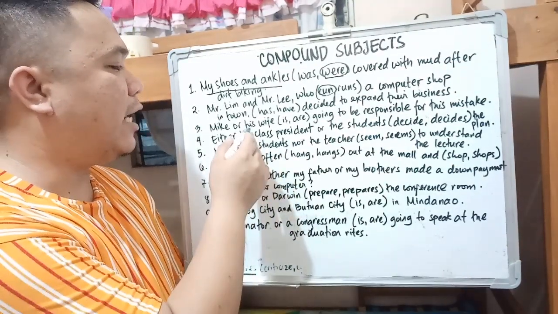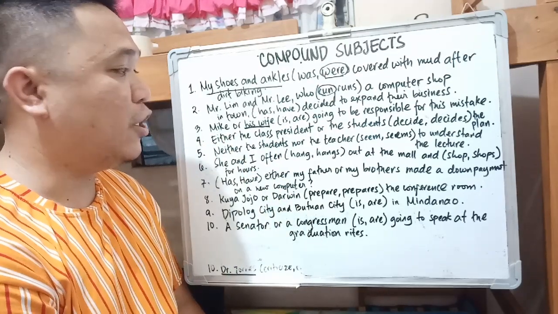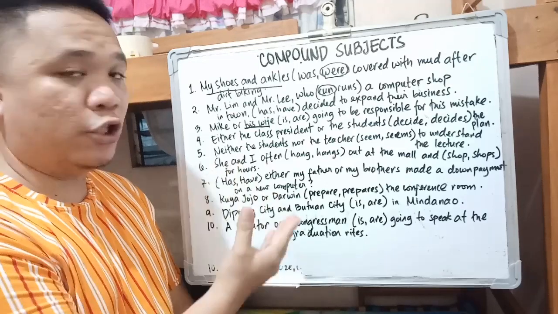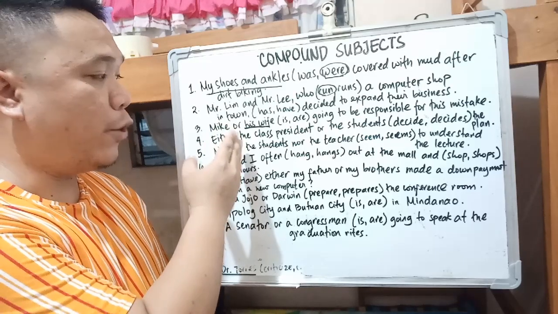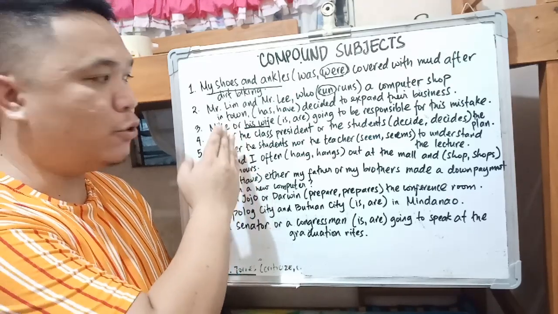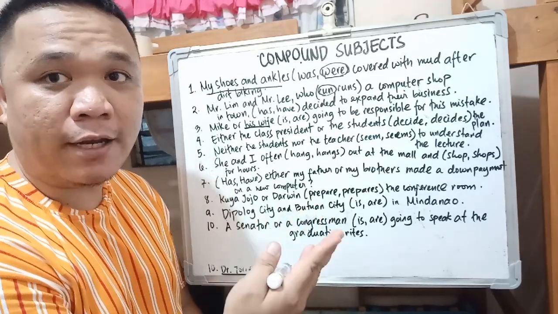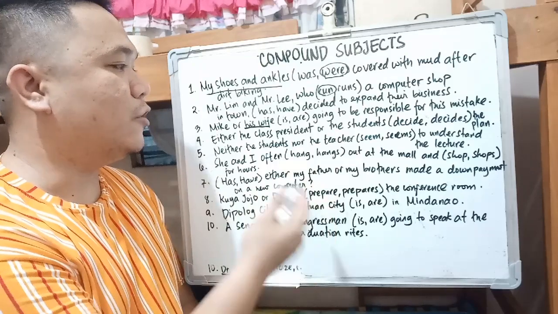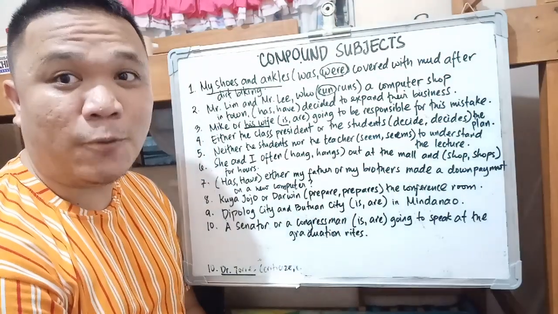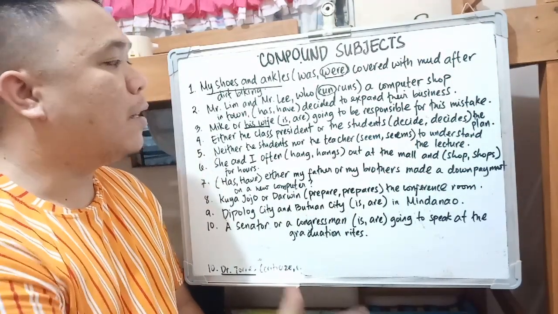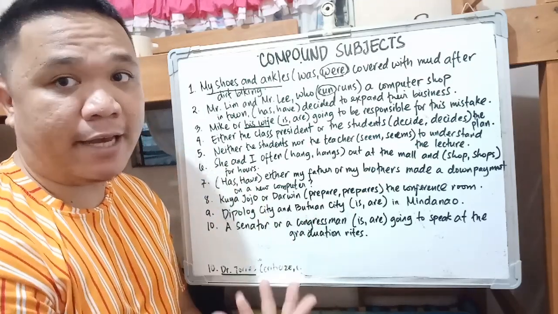So our subject here is his wife, but not Mike, because this is a conjunction. According to the rule, once you have or in between subjects, you choose the second one. So is his wife singular or plural? Singular. Very good. So basically, we will choose is rather than are. That is the rule of subject-verb agreement. So Mike or his wife is going to be responsible for this mistake.